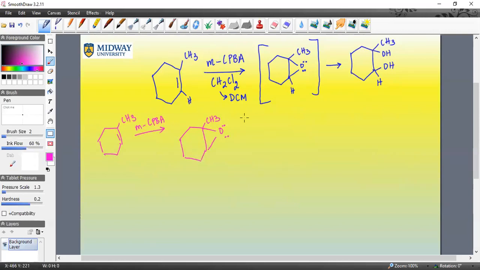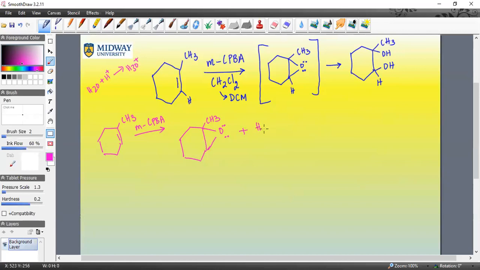Because the reaction is carried out, what we ultimately want is, if there is water in the reaction medium, that water reacts with H plus. When water reacts with H plus, it makes hydronium ion, and this reacts with hydronium ion.